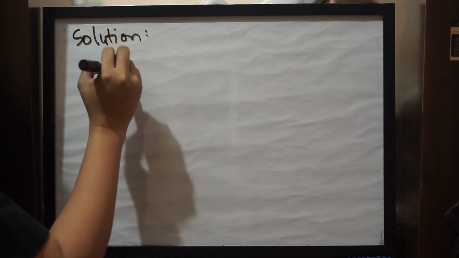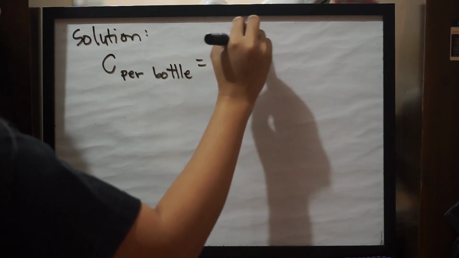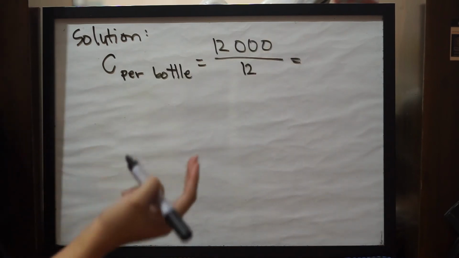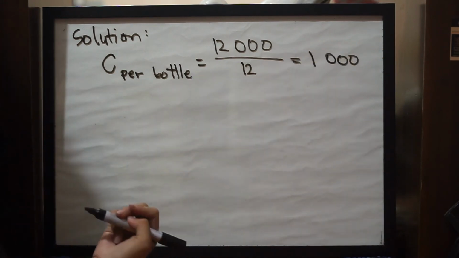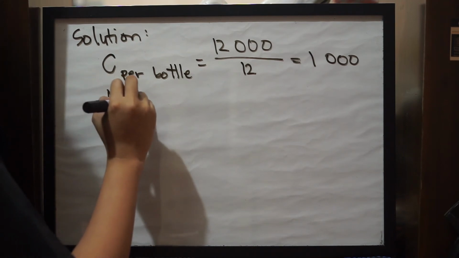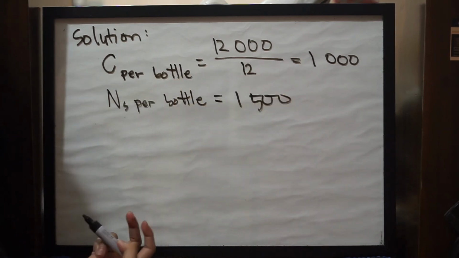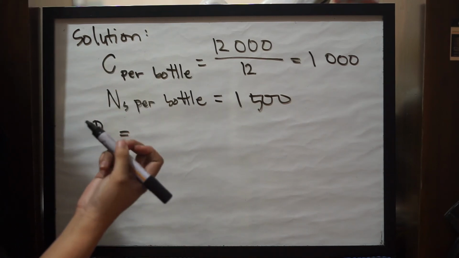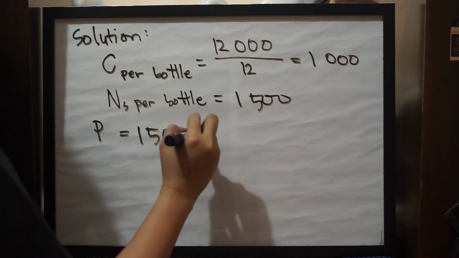So, cost per bottle is equivalent to 12,000 divided by the number of bottles in each box, and that is 12. Huwag kayong mahiya, if you want to use calculator, you may. But if not, we know naman na cost is 1,000 pesos. Next, ang net sales natin per bottle, alam natin kanina na 1,500. So, getting the profit per bottle, we will have net sale 1,500 minus the cost.